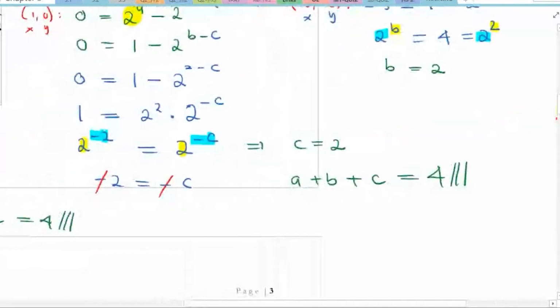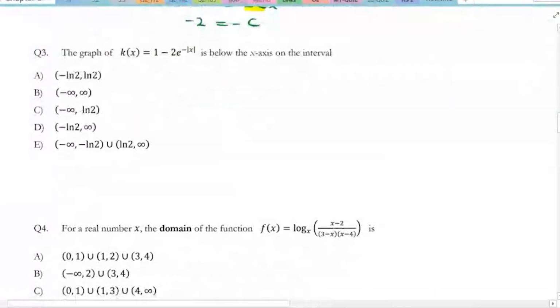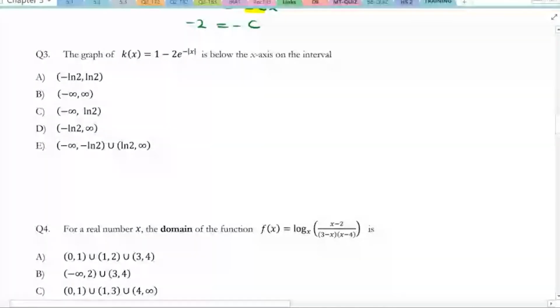Thank you. All right. Okay, gentlemen, let us go to number 3. In number 3, it says the graph of this function is below the x-axis on the interval. Which interval is the graph below the x-axis?